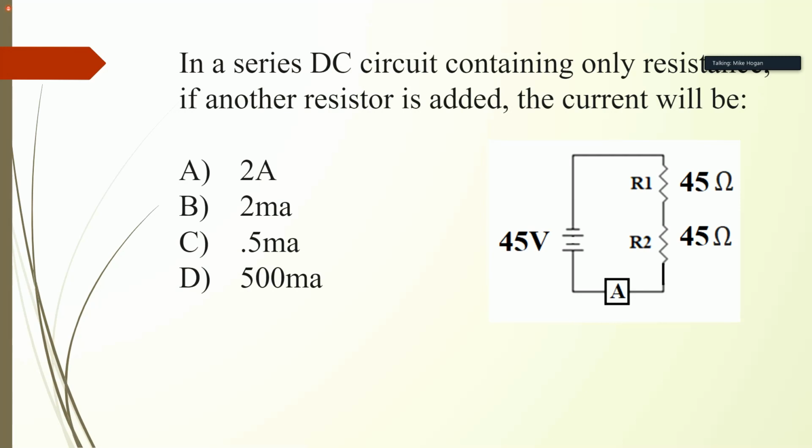We've got 45 volts in the schematic. We've got R1 is 45 ohms, R2 is 45 ohms. What's our current going to be in this circuit?